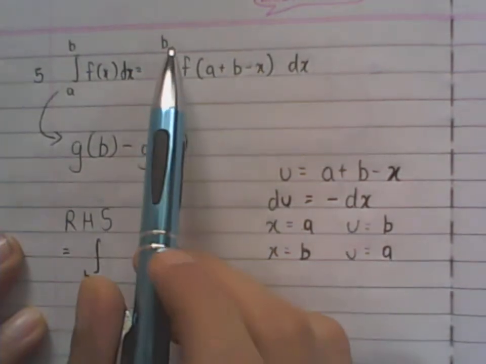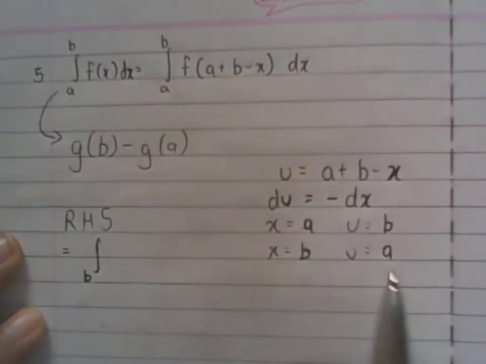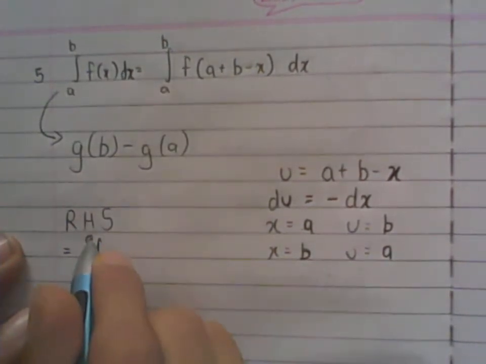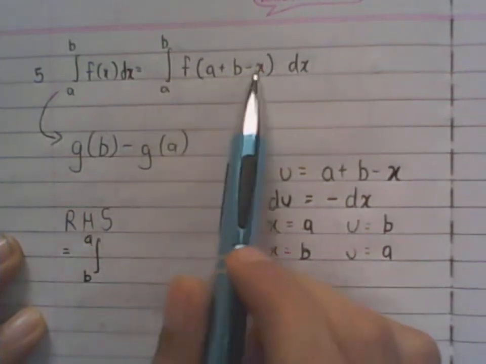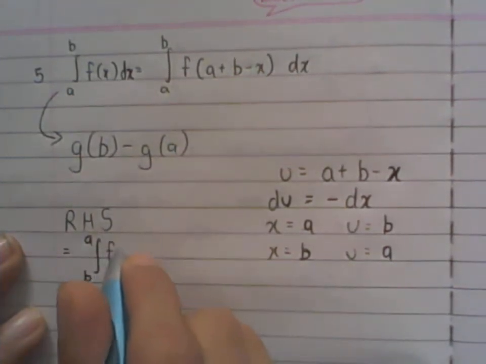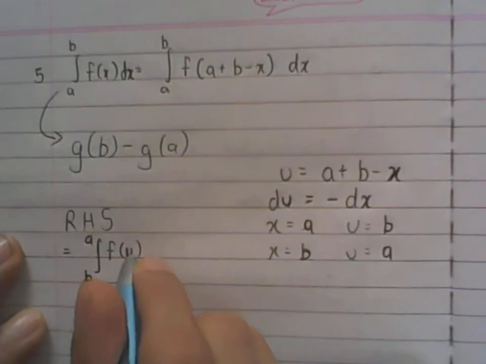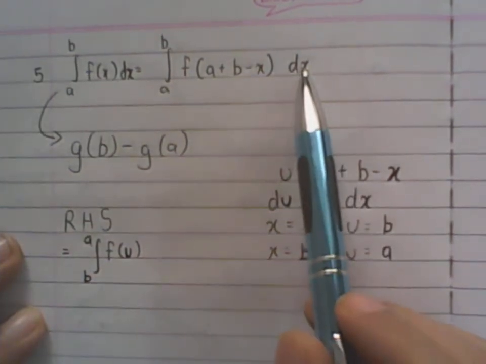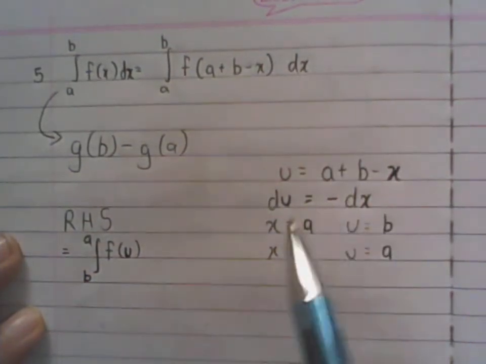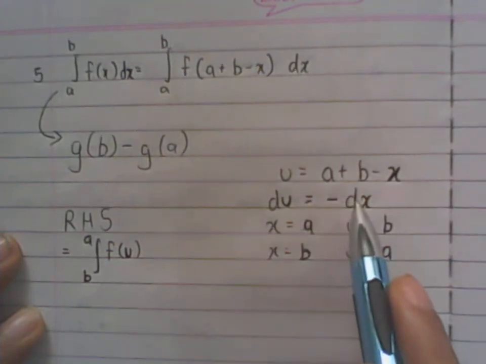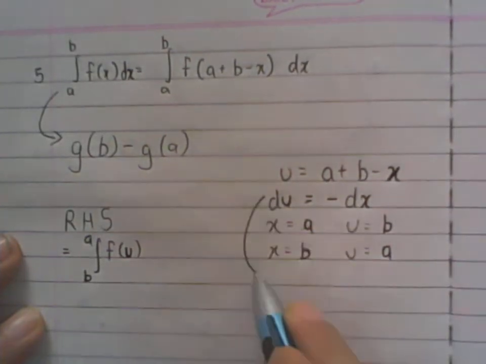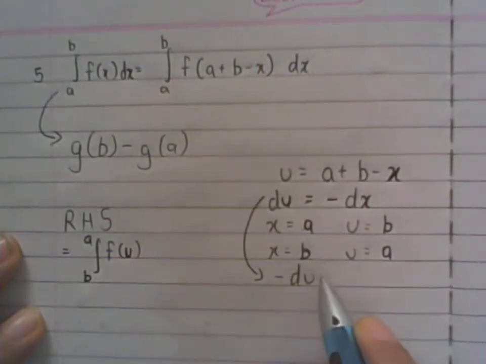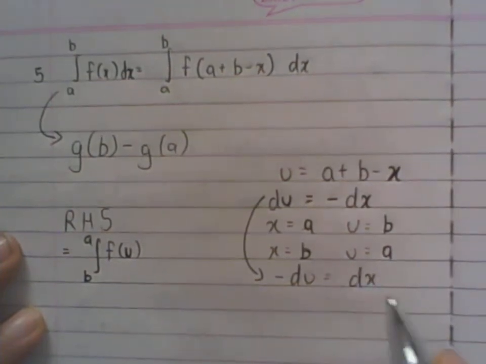The older upper limit was b, now it will become a, and this becomes f of u because we just substituted that inside function as u. And instead of dx, I need a du, but you realize that du is the same as negative dx, so I can rewrite this as negative du equals dx.